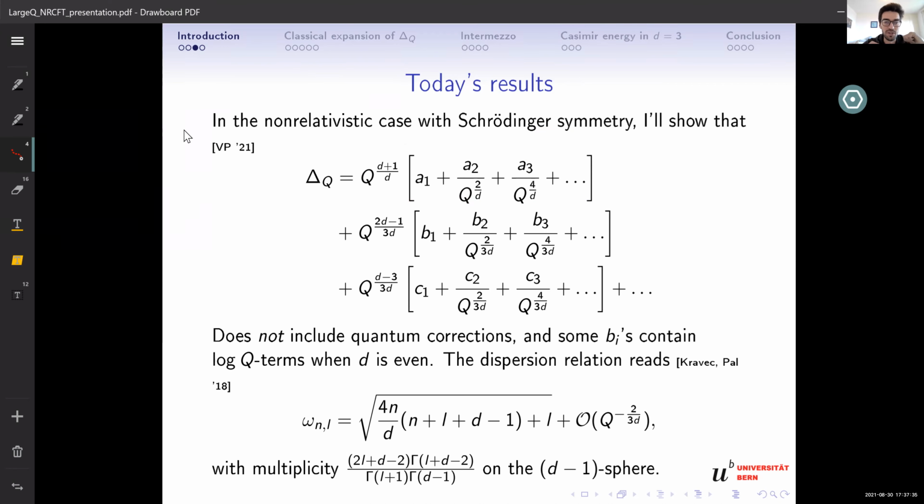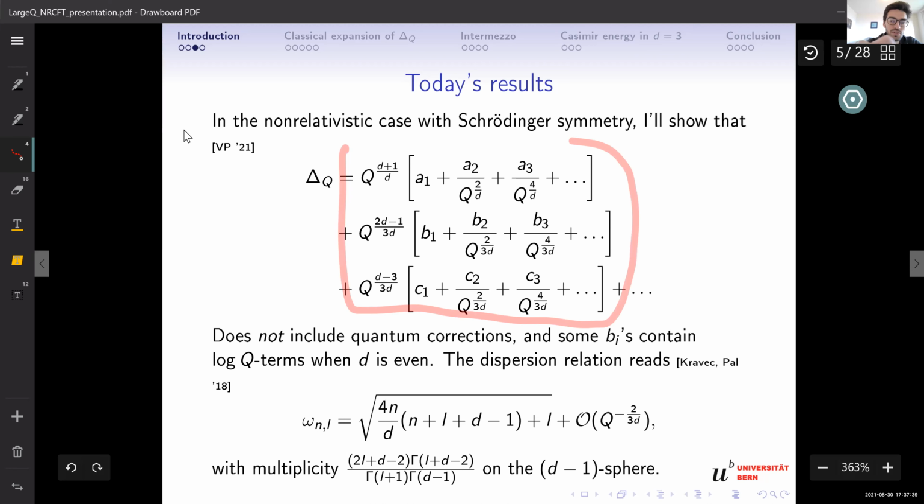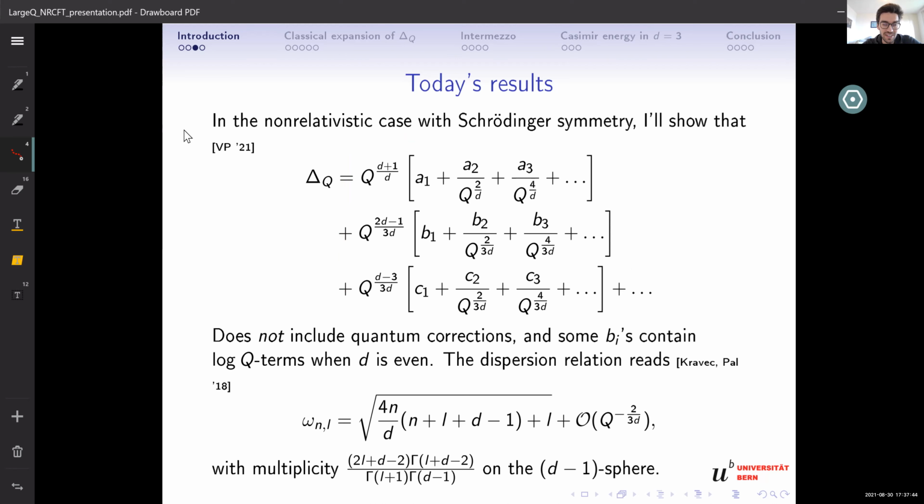And I will comment on that, and I will try to convince you that this expression is actually the one we have to use. And this expression does not contain quantum corrections yet, right? So this is the classical part of the expansion, which is much richer than the relativistic case. And in particular, keep in mind this suppression factor here, that is the cubic root, and I will refer to it later on as the delta.